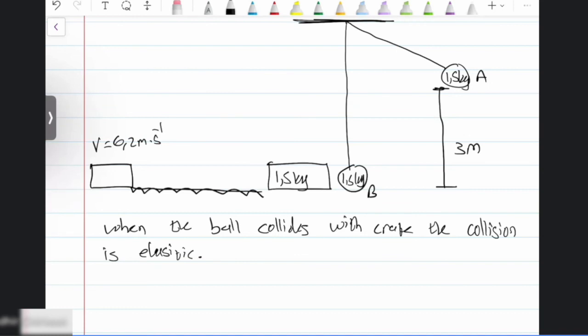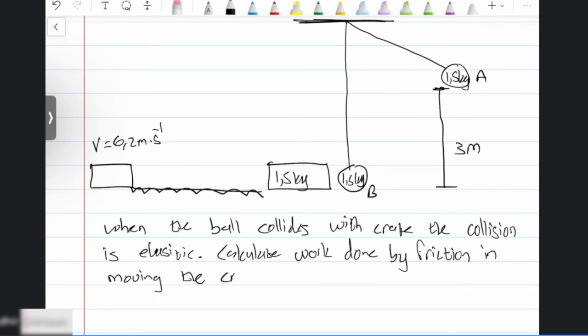And they want us to calculate the work done by friction in moving the crate. So basically, first take this down.